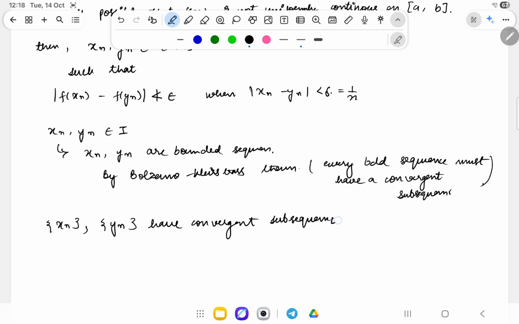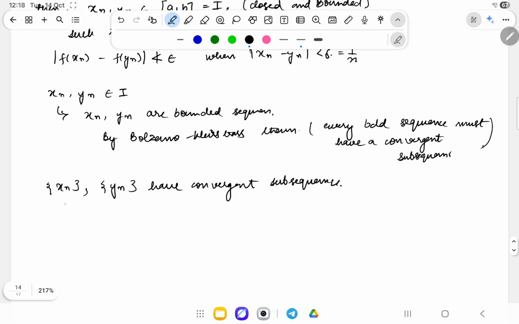So let's say that this subsequence of xn is xnk, and that of yn is, let's assume that as ynm for time being. So let's assume that this xnk converges to xi and this ynm converges to eta.